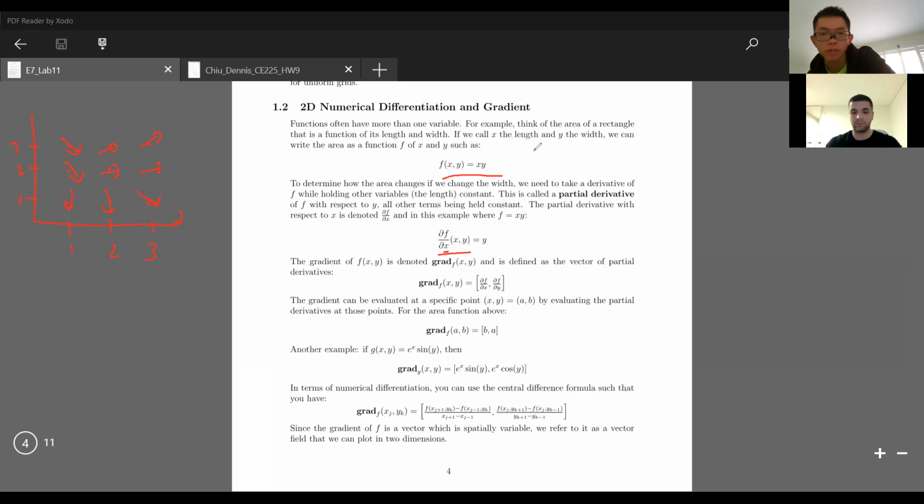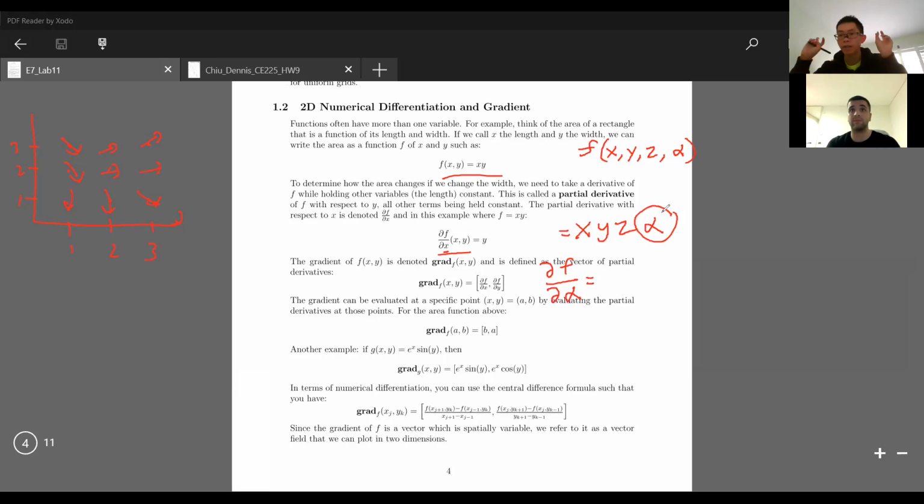Let's do a little bit of practice here. So let's say we have f of x, y, z, alpha, a function of a bunch of stuff. If we want to take the partial of f with respect to alpha, then that's just going to be, oh, take this as the constant.